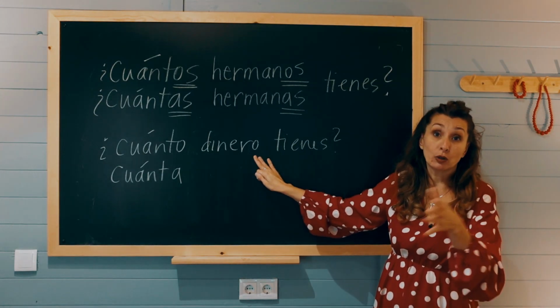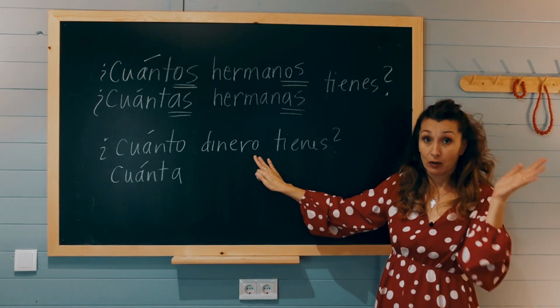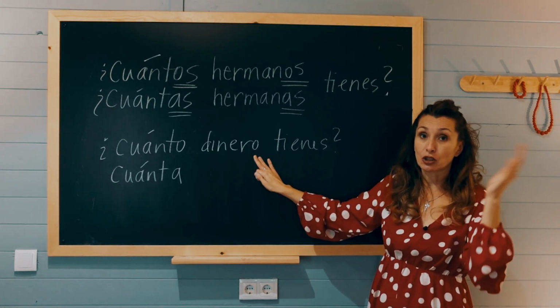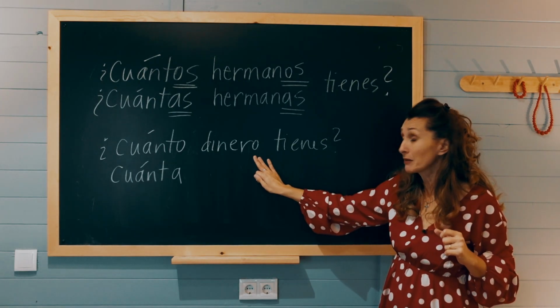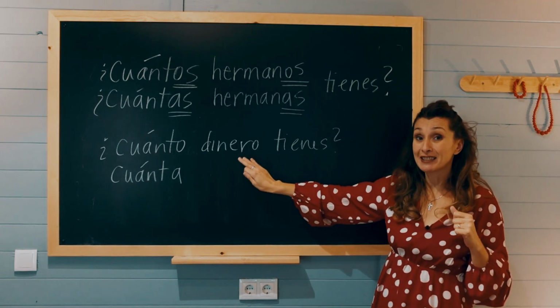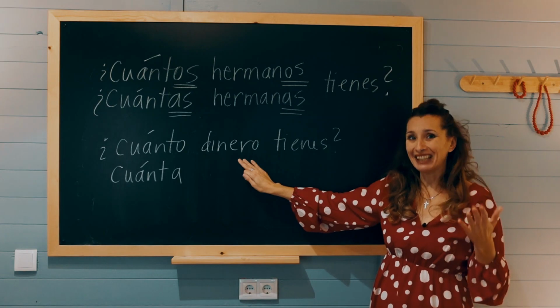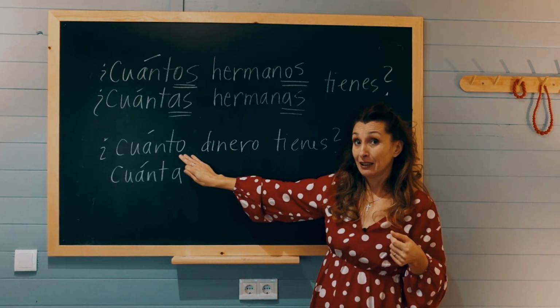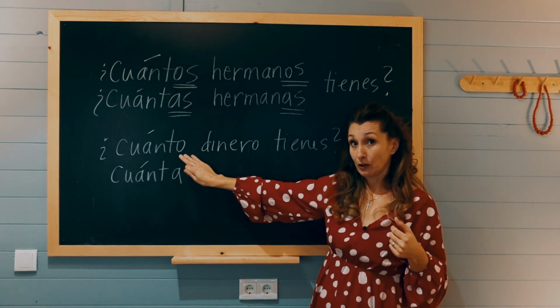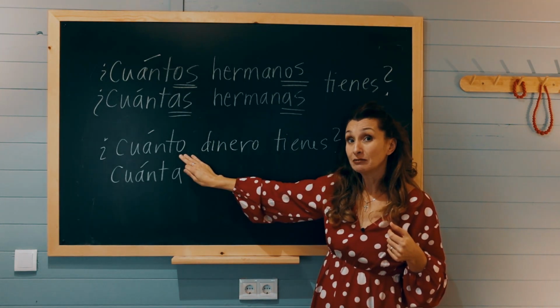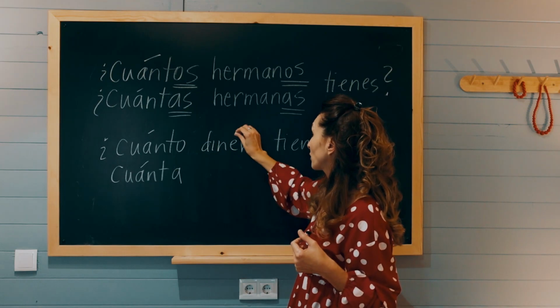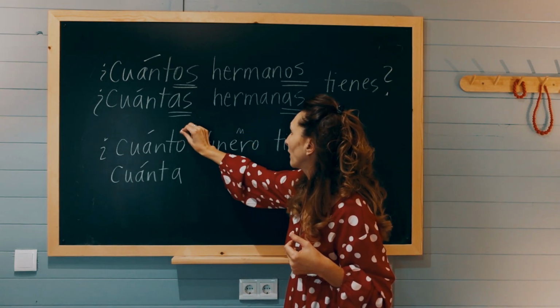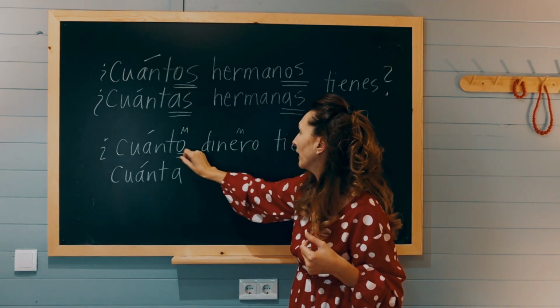Maybe I've got €1 or 20 euros or maybe dollars or British pounds. Okay? But not this noun. This noun does not have plural dineros. Okay? So we use the singular form of this question word. ¿Cuánto? And because this is masculine noun, we have a masculine ending here.